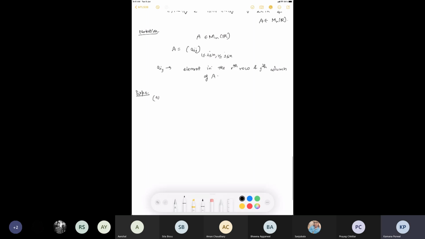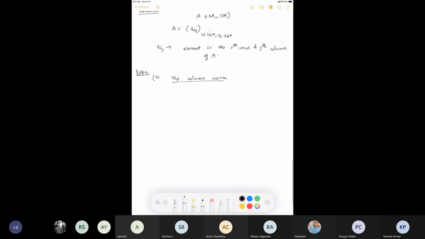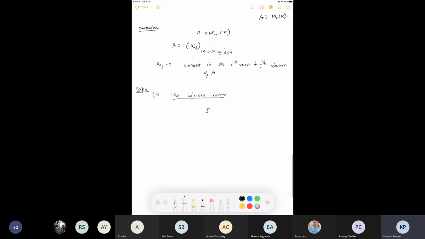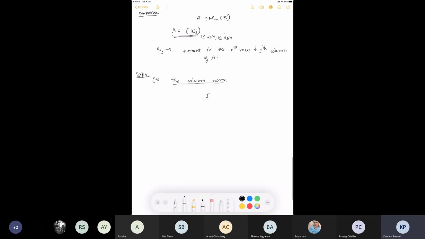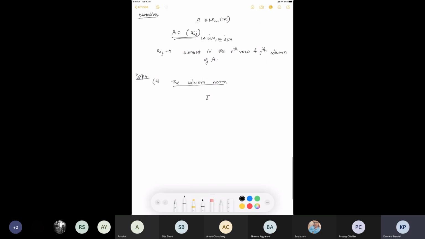So the first norm is the column norm. And how is it defined? So first of all, I'm summing it over. Note that A is a matrix, right? So I'm using the same notation here for the components, a_ij. So what I'll do, I'll sum the components over rows, so i is running from 1 to n.